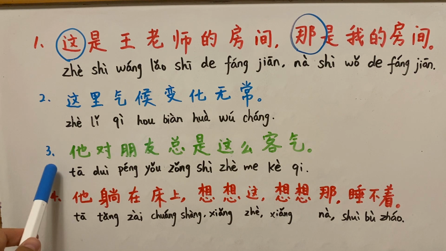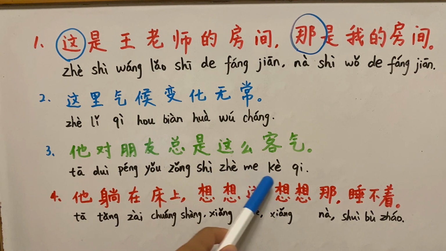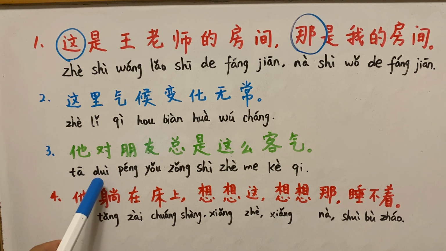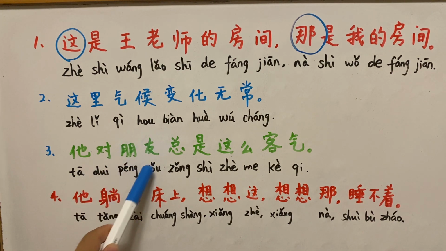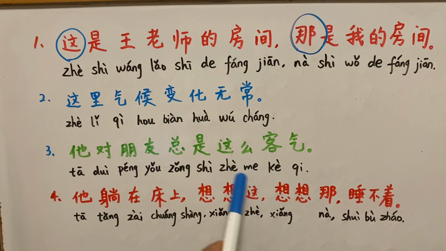The third one, 他对朋友总是这么客气。他对朋友 is "to friends." 总是 means always. 总是这么客气。这么 is a demonstrative.